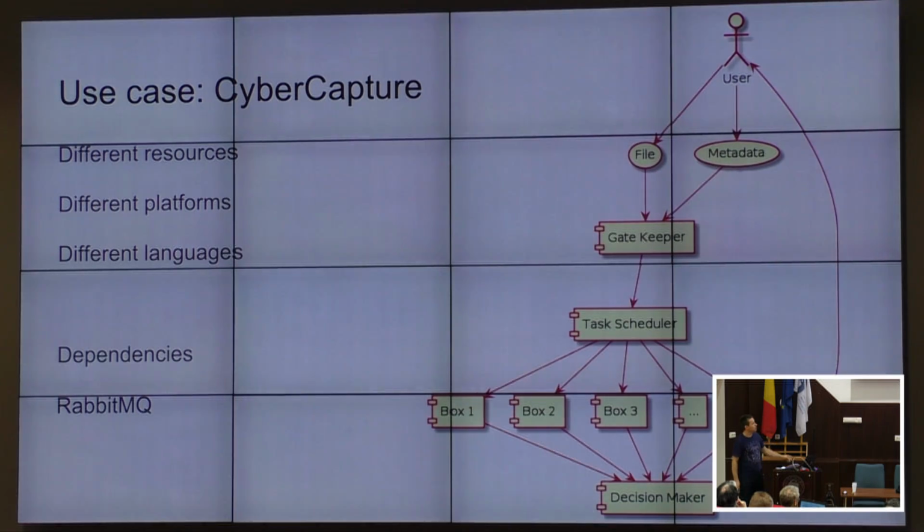Here's the architecture. We send the file and metadata. There's one service, the gatekeeper, which just joins the two streams. Then it passes the work to the task scheduler.